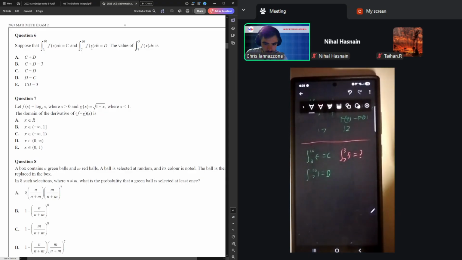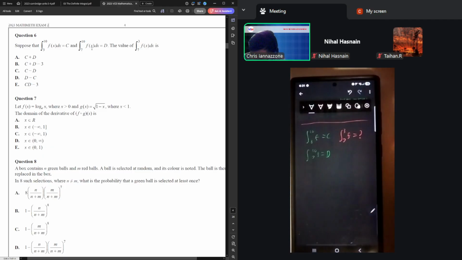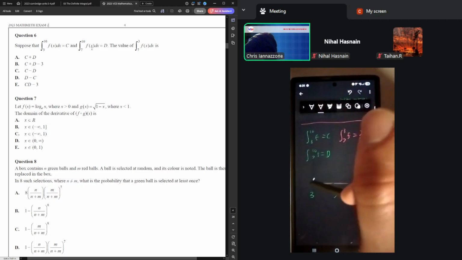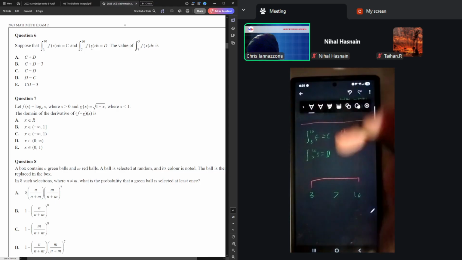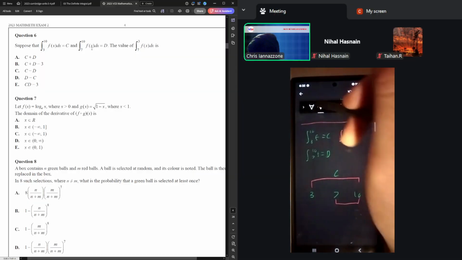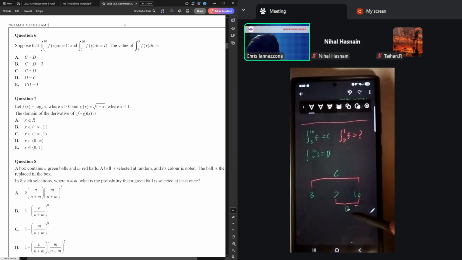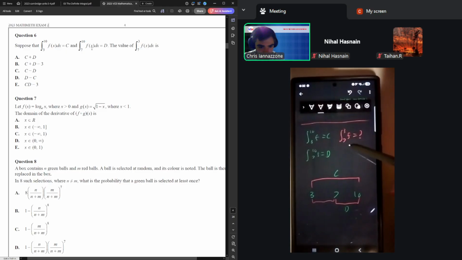So what I was going to say is that 10 to 3 and 10 to 7 are kind of just subsets of the same domain. If you think about a little number line, 3, 7, 10, if from 3 all the way to 10 is going to be C, then 7 all the way to 10 is going to be D. What we notice is this remaining bit, 3 to 7, matches with this.